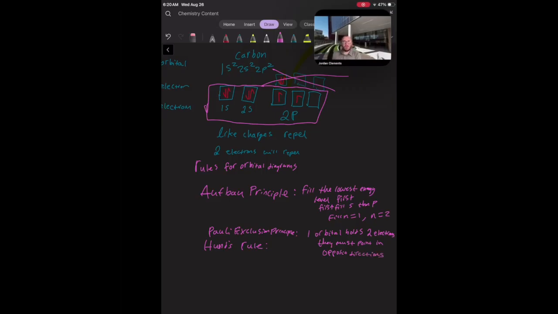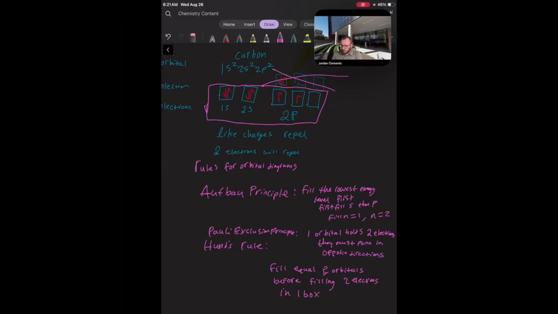And then Hund's rule is we must put an electron into each equal energy box before putting a second arrow in that energy box. So we fill equal p orbitals before filling two electrons in one box.